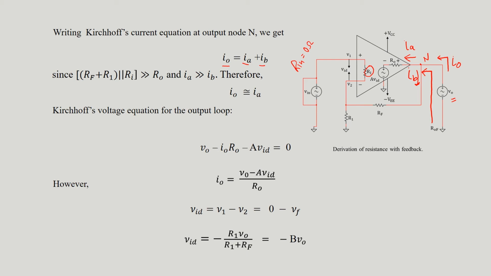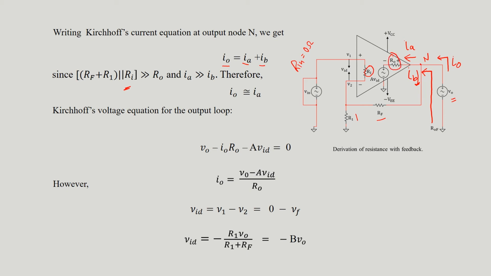We know that Ri, that is the input resistance, is very high. So anything in parallel with Ri, that is Ri in parallel with Rf plus R1, the resistance of this loop is much greater than RO.